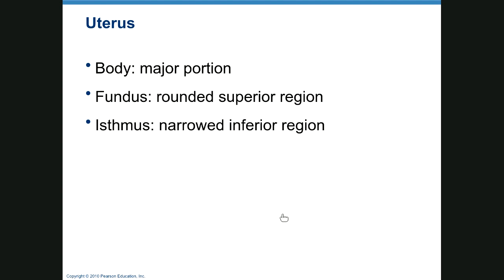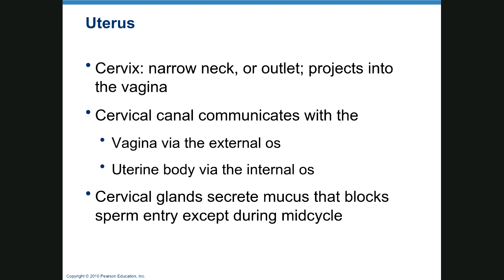Okay, the uterus, the major part is the body. The fundus is the top, and the isthmus is the rounded inferior region. The cervix is a narrow neck or outlet that projects into the vagina, and it communicates through, you have an external os for the vagina and the internal os to go into the uterus.